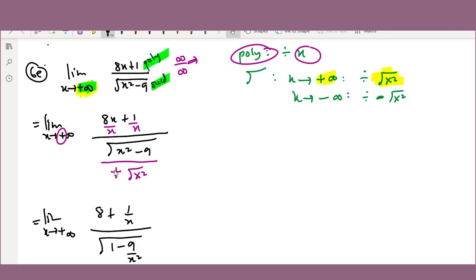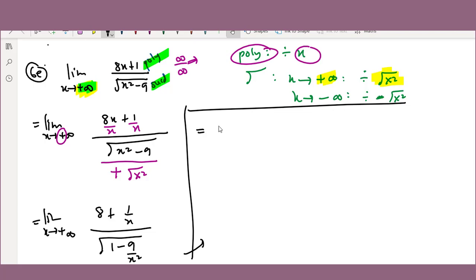Just this is under the root. Simplify and substitute the value infinity. The answer is 8 plus 1 over infinity, which is 0, over the root of 1 minus 9 over infinity, which is 0. So 8 over 1 is equal to 8. For number 6E, the answer is 8.